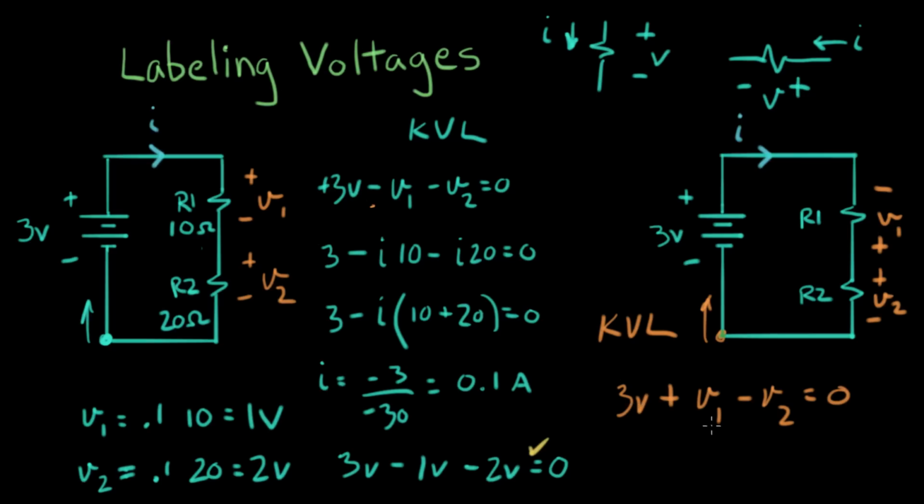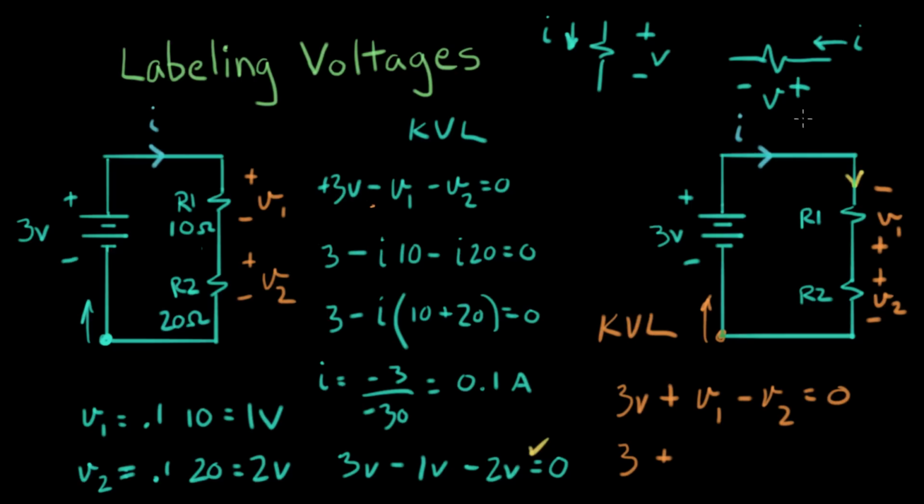So now I want to write these V terms in terms of the resistance value and the current value. And this is where we use the sign convention carefully. So now we need to include a term to represent R1, to use Ohm's law here. Now we have to be careful. This is one point where we have to be careful. The current is going in the negative terminal of R1.